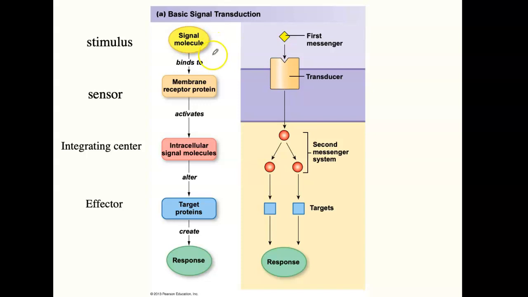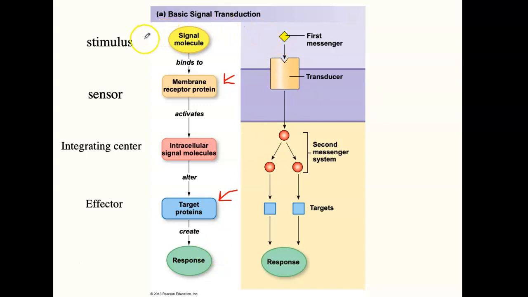Then we had a sensor, and the sensor in the tank was the thermometer, and it detected that the temperature was too low. Then we had an integrating center, the black box that was going to tell the effector, the target, that it had to turn on the heater. Then the heater turned on, and the response was that the temperature went back up.